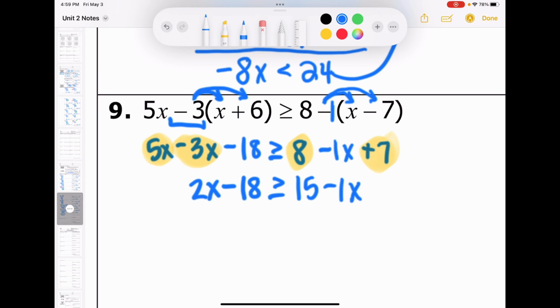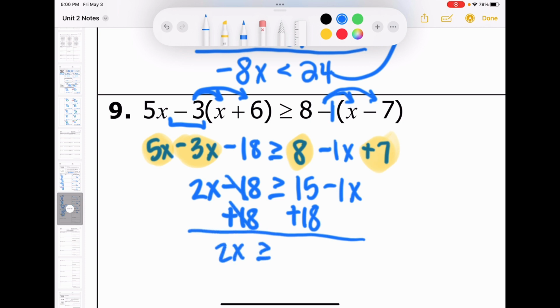Now I need to move all of my regular numbers to the right side. So I'm going to add 18 to both sides. Which gives me 2x is greater than or equal to 33 minus 1x.